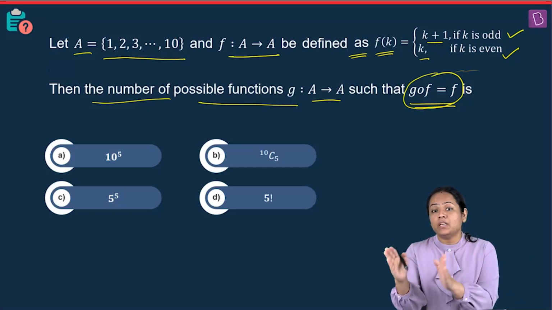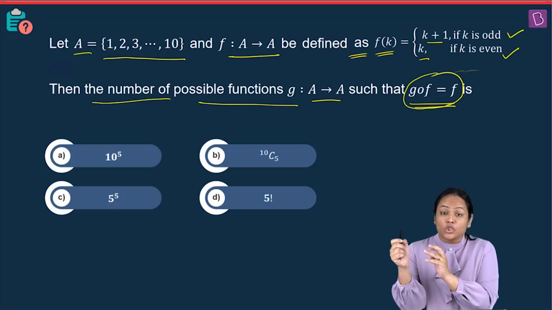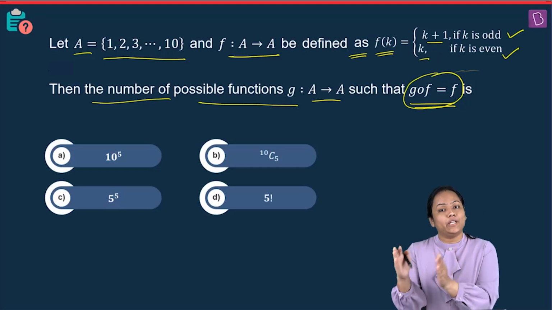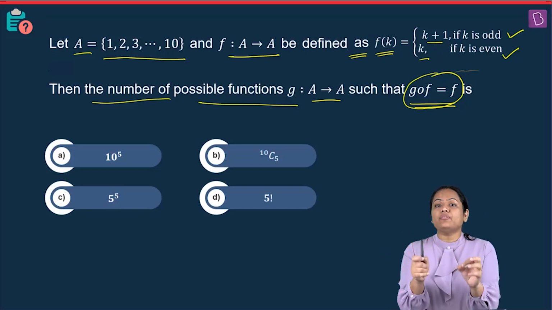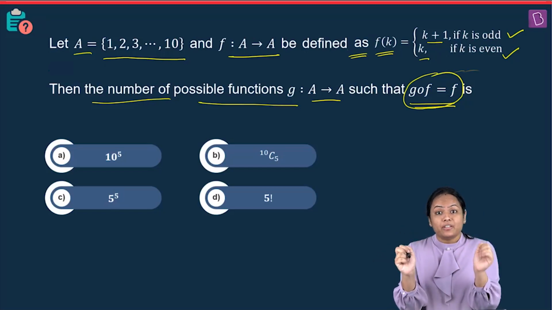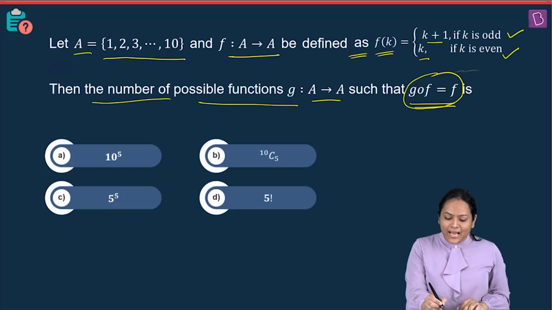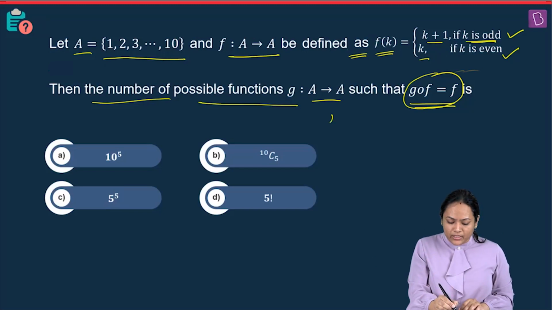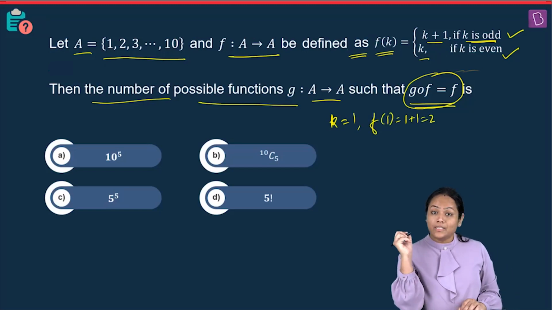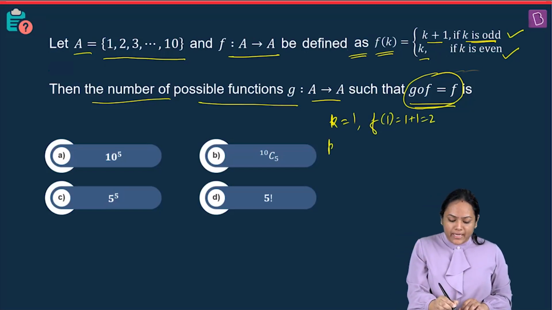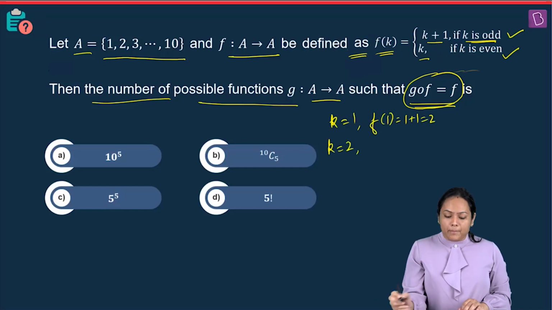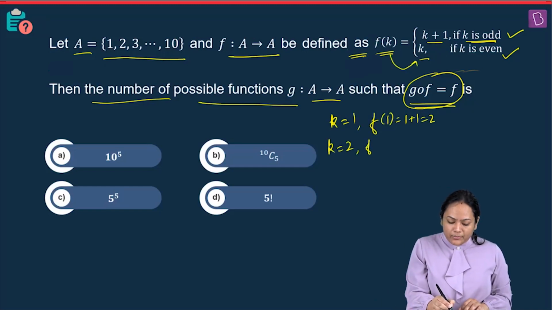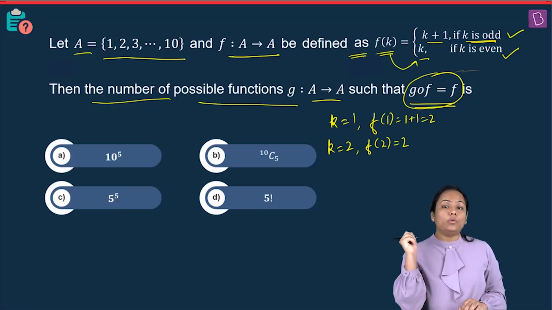I have to find how many such functions g can be defined from A to A. For that, I definitely have to figure out what my f is. If I put k as an odd number, let's say k equal to 1, then f of 1 will be 1 plus 1, that is 2. Similarly, if I put k as 2, which is even, f of k equals k, so f of 2 is again 2.